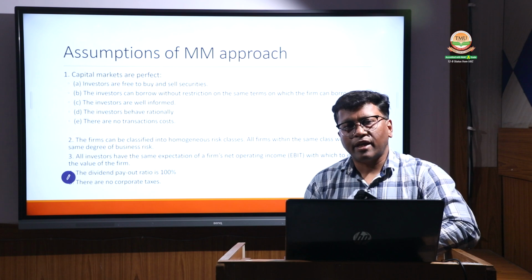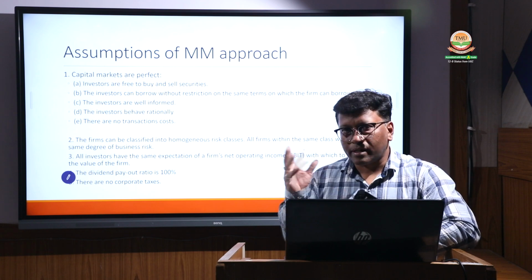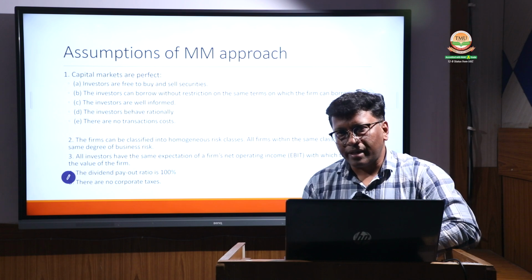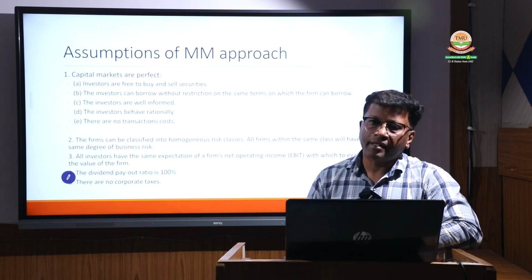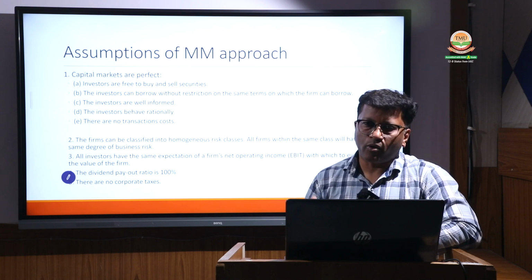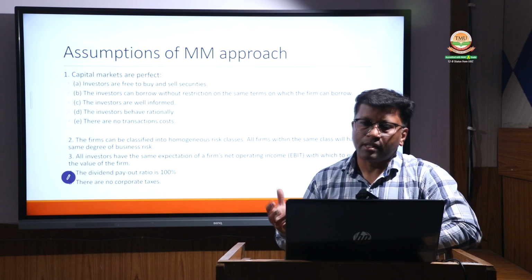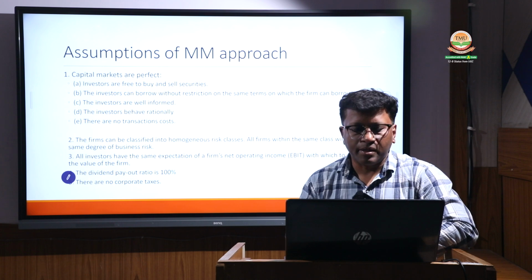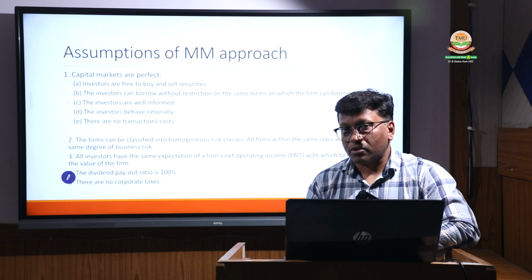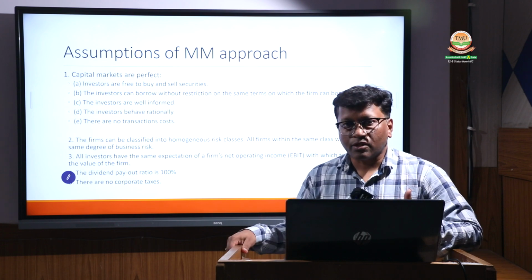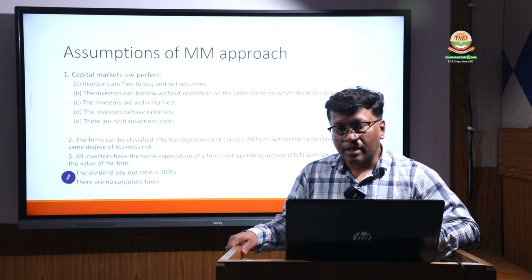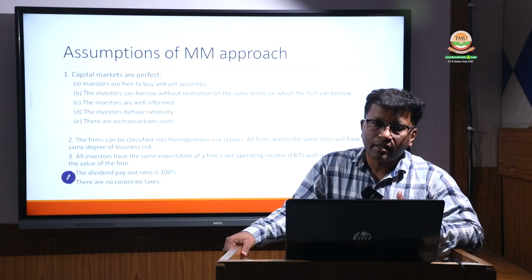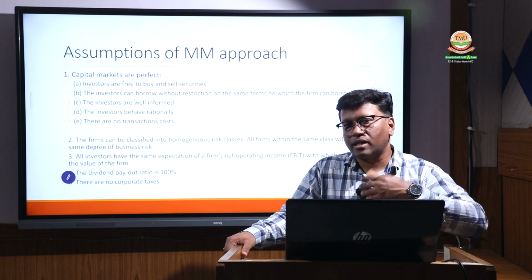And investors behave rationally: if the overall market is going down, on the basis of the information about any company or organization, they can analyze the situation and accordingly invest in the company or withdraw their investment. And there are no transaction costs, because if there is a high transaction cost, the investors would be restricted from buying more shares or selling their securities.